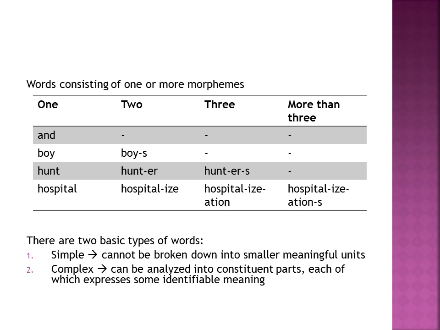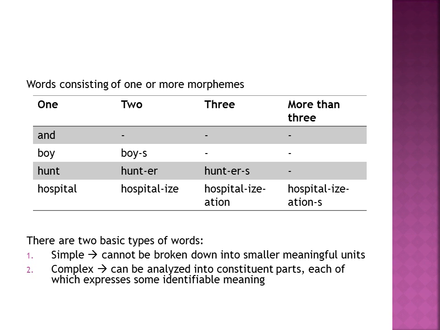Like this one, hunt. It belongs to verb. In Indonesian it would be mengejar. Meanwhile, the hunter here is the person who hunts. So er here has an identifiable meaning, the person. What about this one?